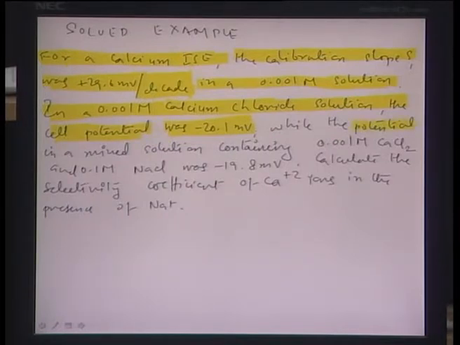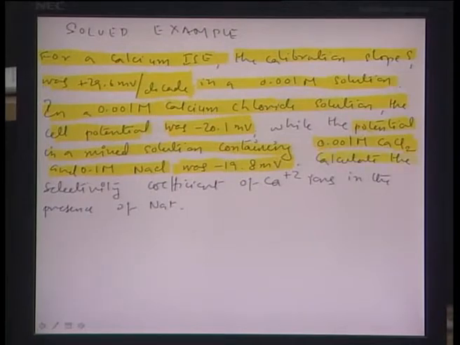The potential in the mixed solution containing 0.001 molar CaCl2 and 0.1 molar NaCl was 19.8 millivolts. So, the pure solution of calcium chloride with the ion selective electrode on calcium measures 0.001 molar, and the mixed solution containing 0.001 molar calcium chloride and 0.1 molar NaCl gave minus 19.8 millivolts.